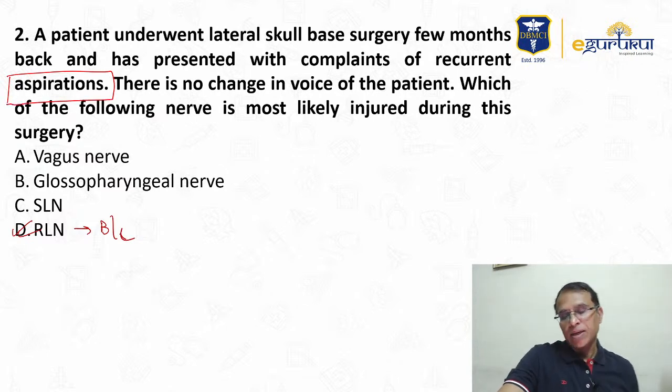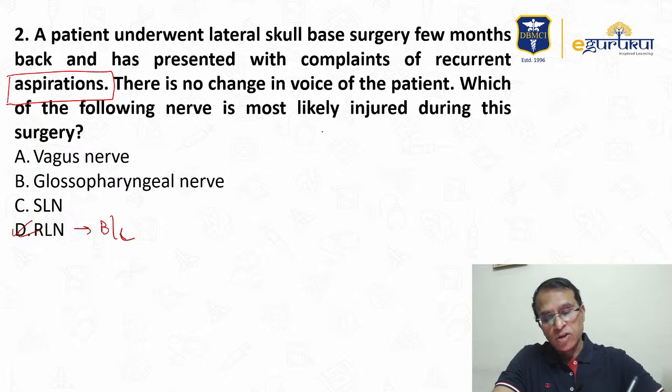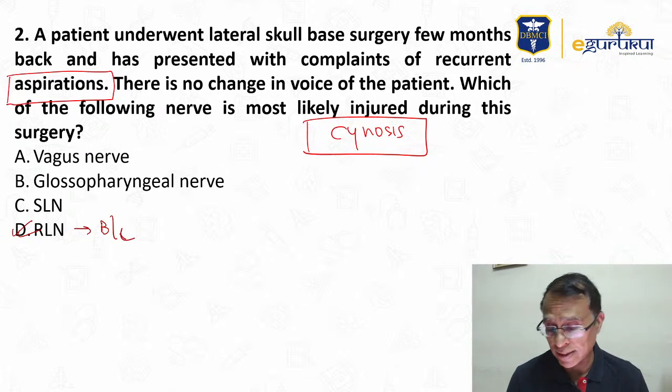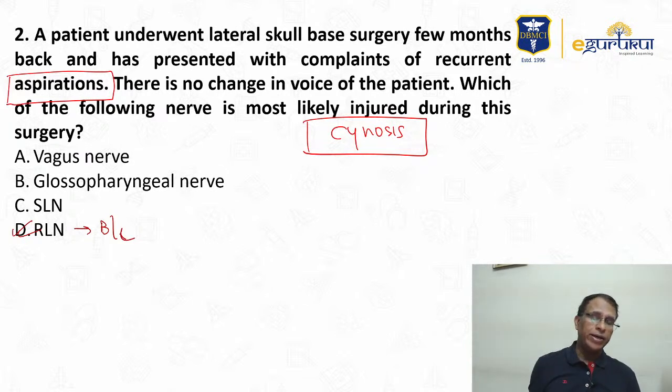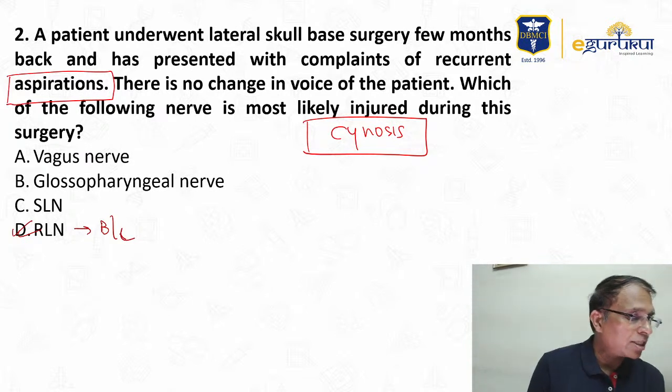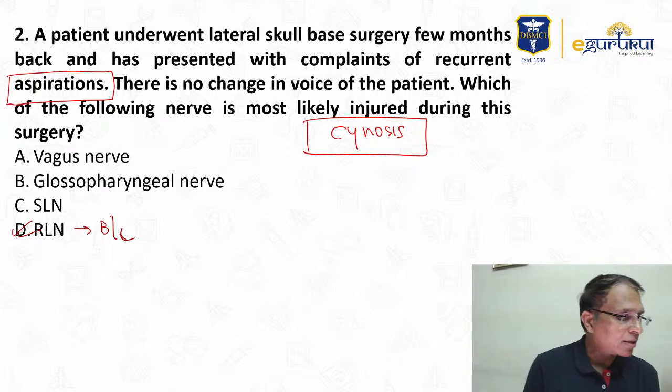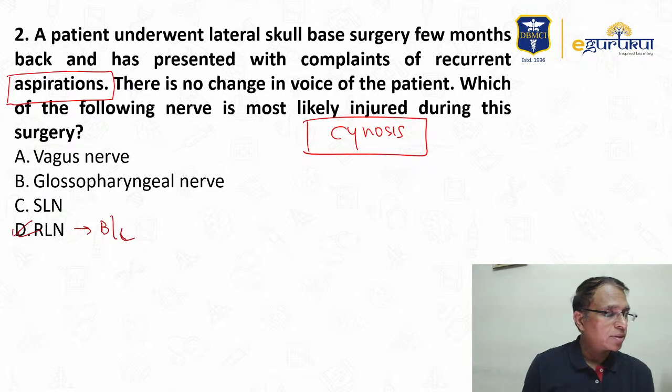Okay. I thought it's talking about dyspnea, cyanosis. Actually, the question which was asked in the exam had cyanosis, not aspiration. So that was playing in my mind. You are right. Thanks for clarifying, correcting me, Parag. You are right.